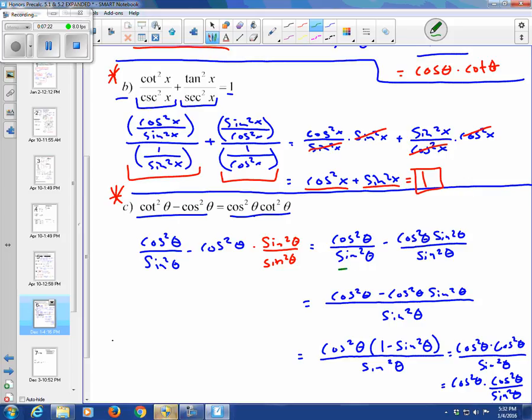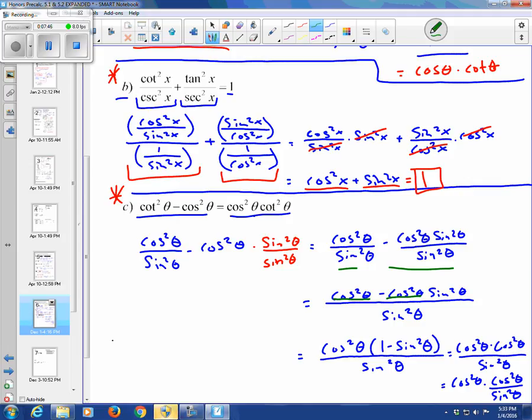Now we can bring these two fractions together with common denominators, and that's cosine squared minus cosine squared sine squared. Now cosine squared is a multiple in both of the terms in our numerator, so we can factor it out, and we're going to be left with 1 minus sine squared theta, which equals cosine squared theta. If we manipulate that first Pythagorean identity, we get that.